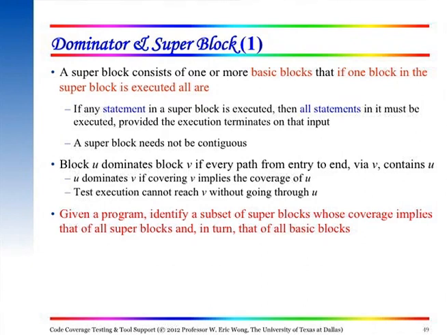Basic block statements have to be adjacent to each other. In a super block, you have blocks that are separate. They don't have to be next to each other. But from the execution point of view, they are always executed together.